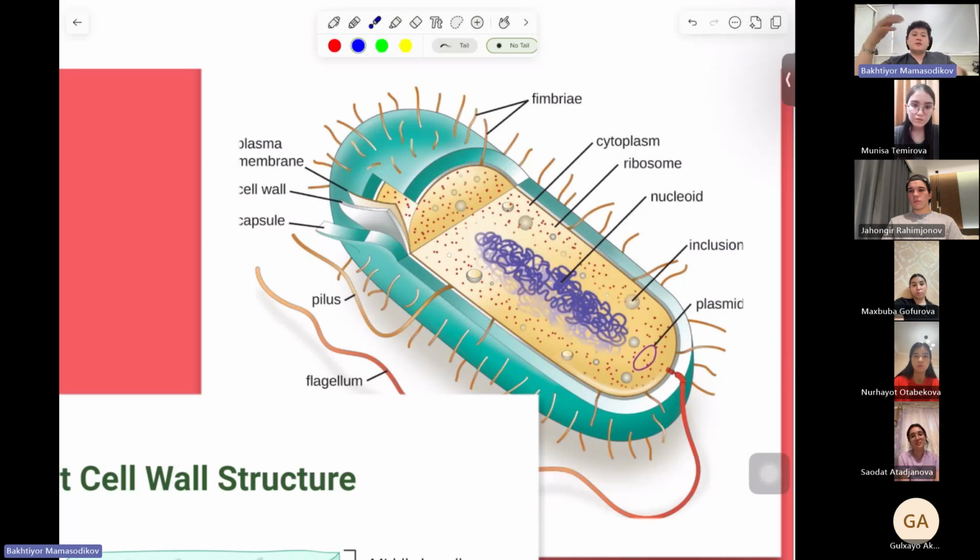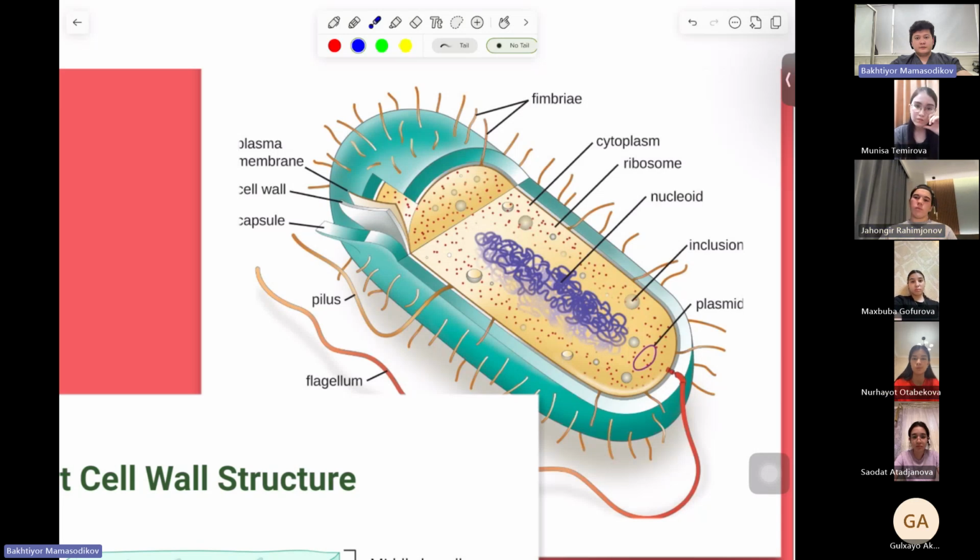I'm asking about the cell wall. What is the cell wall of bacteria called? I don't know. Nurhayat is going to help. Cell wall, it's the outer layer. What is it called? Jahangir?